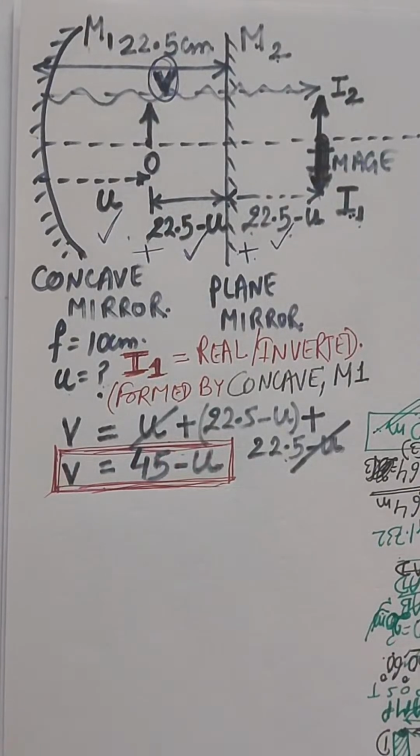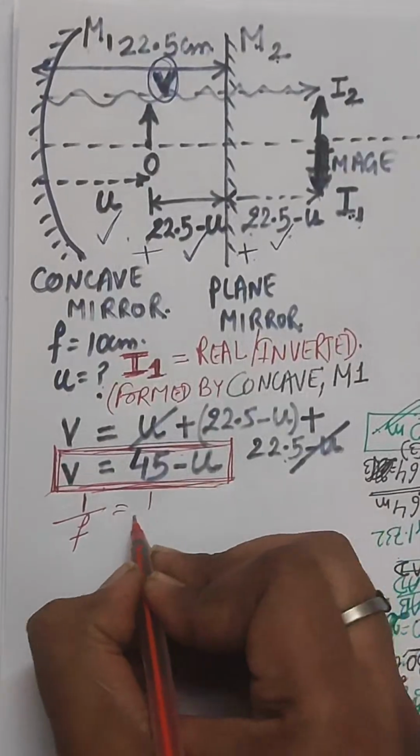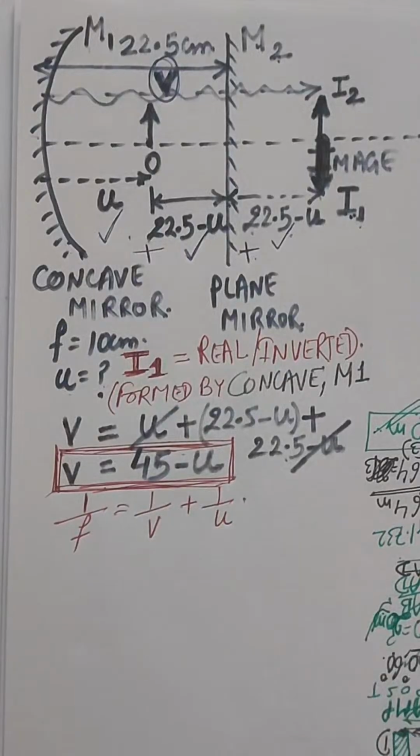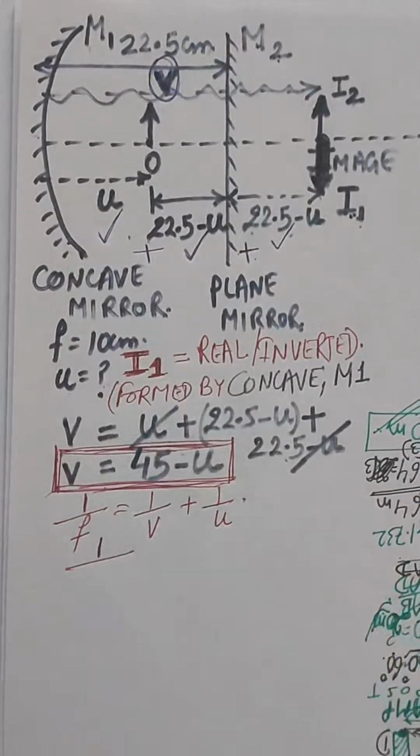Now we know that 1 by f equal to 1 by v plus 1 by u, right? And we know the value of f as 10.